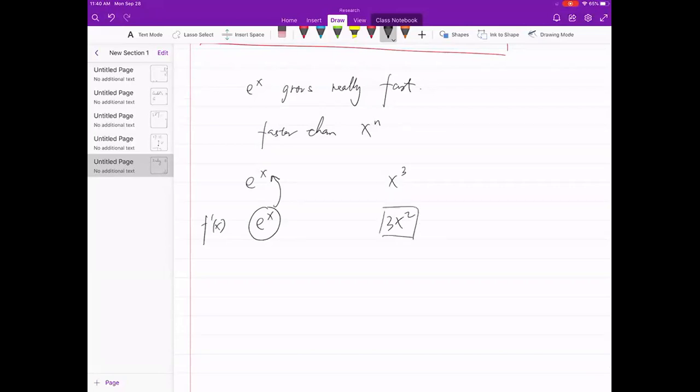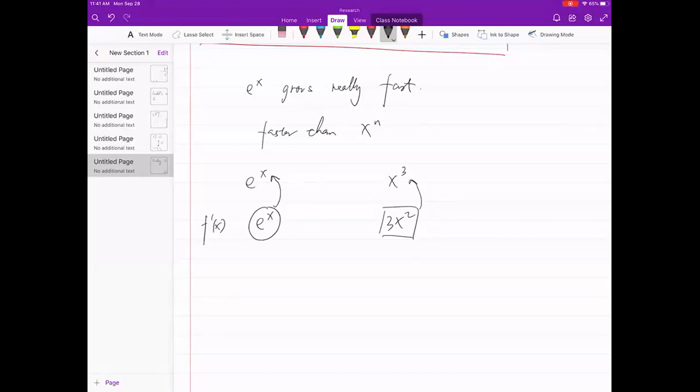My changing rate is smaller than the original function because every time you take a derivative, your power reduces. Cube becomes a square, square becomes an x. As long as your power reduces, you are not as big as the original size. Your changing rate is somehow smaller than the current size. That's why exponential is always bigger. If it's not bigger, eventually it will become bigger because the changing rate is way bigger.